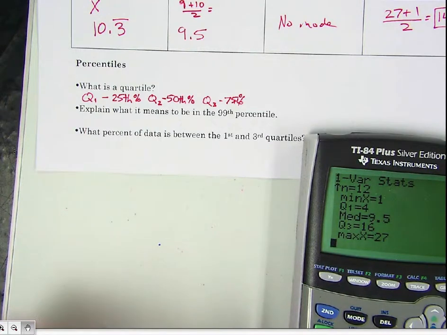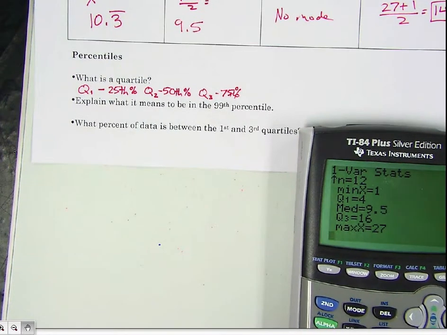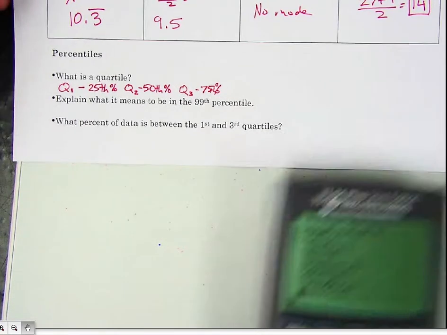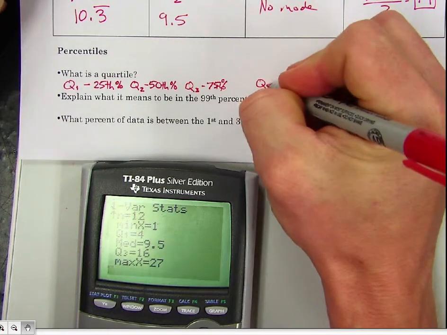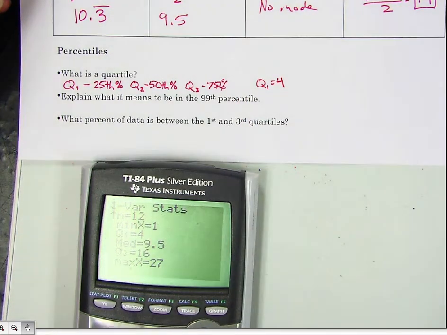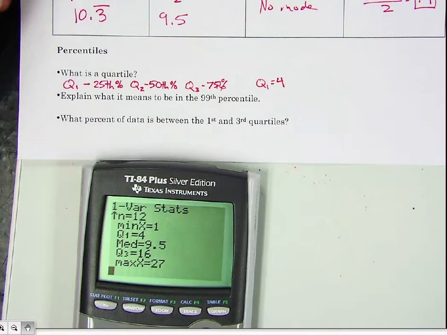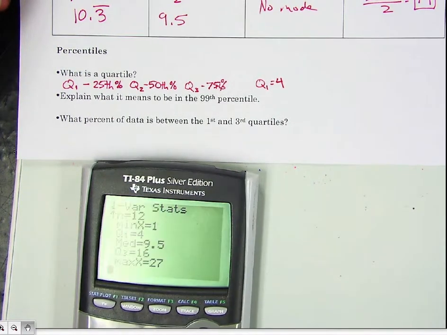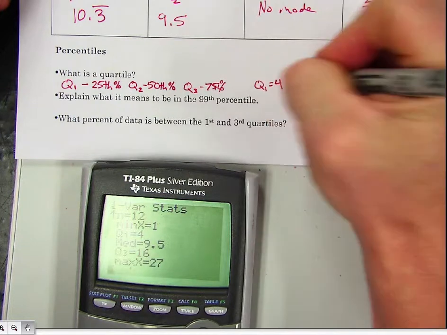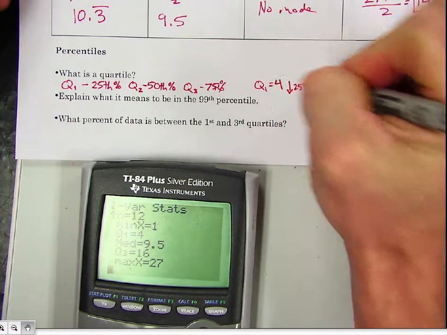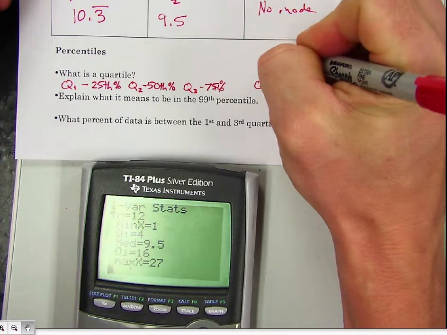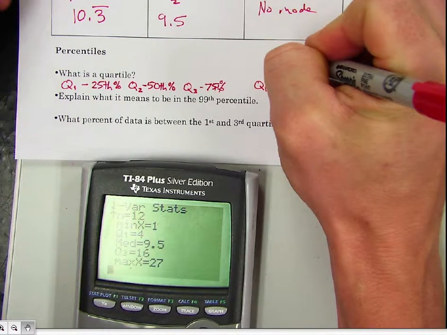Okay, so in the previous example, quartile 1 was the number 4. Okay. Now what that means is that 25% of the data is below this, and 75% of the data is above it.